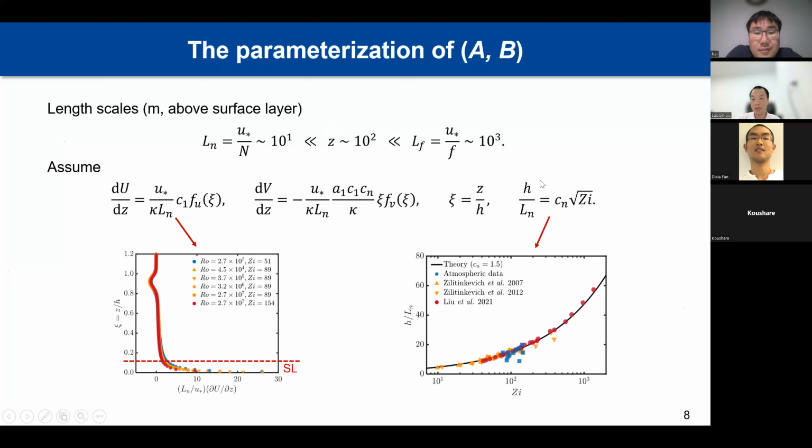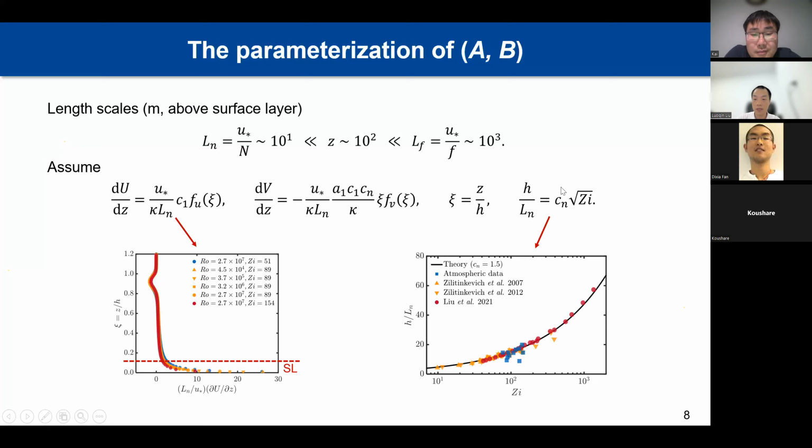And here, h is the boundary layer height, and it can also be normalized by Ln, and it can be parameterized very well with this relation. Here, the solid line is the theoretical or model prediction, the blue squares are the atmospheric data, and these triangles and circles are numerical simulations.